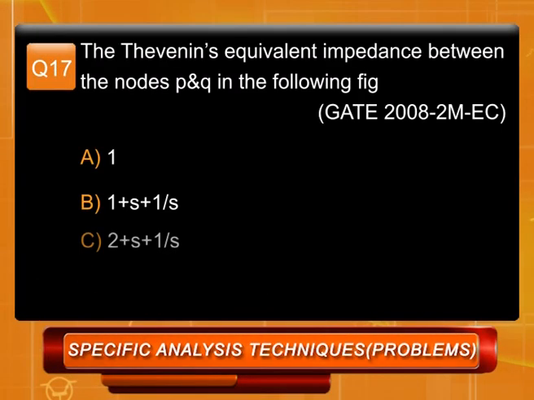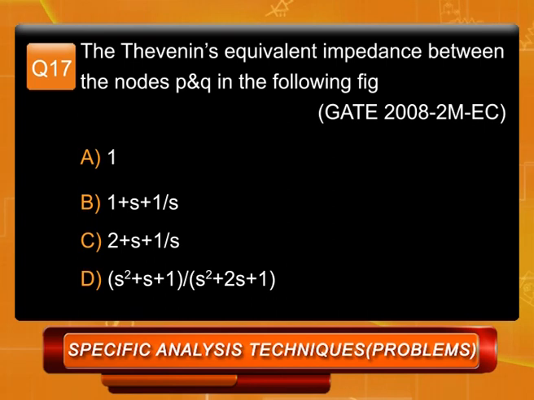The Thevenin's equivalent impedance between the nodes P and Q in the following circuit. This is an AC circuit, but answers are given in S domain, no problem.